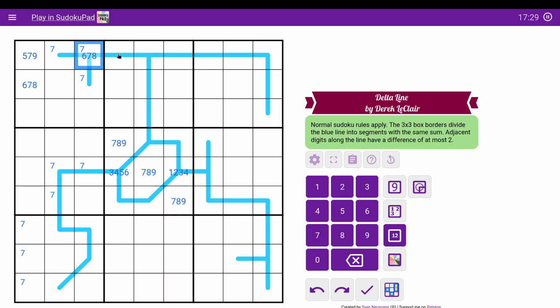5, 7, 6, 4. 2, 1, 3. Okay, 5, 7. If this is 5, 7, where can 9 be on this? 9 must be here. 5, 7, 9, 8. 17, these add up to 4?